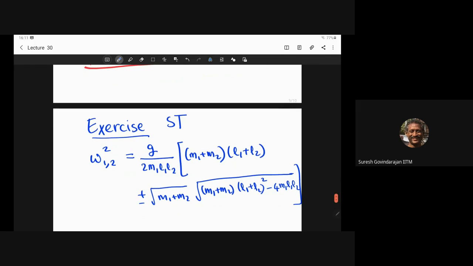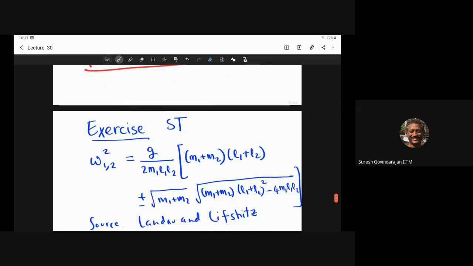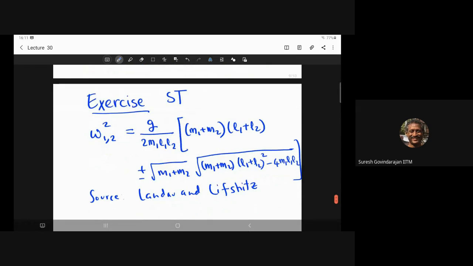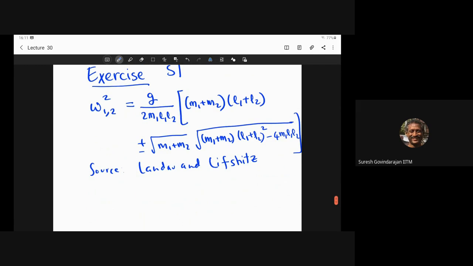The source for this is Landau and Lifshitz. Of course they don't show the working either, they just give the answer because it's just solving a 2 by 2 determinant. So it's a quadratic, and these are the two roots of that equation. Is this clear? So we can solve for it, and of course also obtain the two eigenvectors.